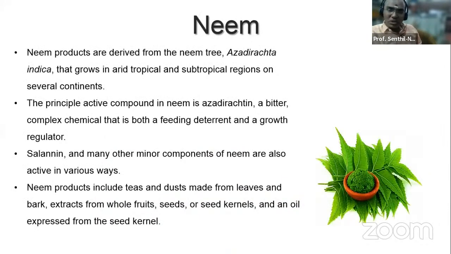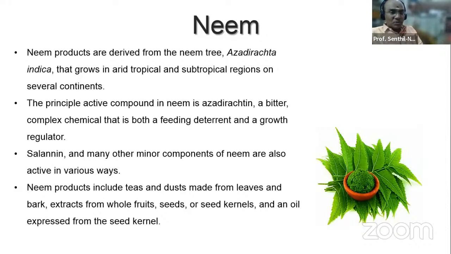The second most important tree or plant, from the root to the inflorescence, from top to bottom, all the plant parts have insecticidal activity. Not only insecticidal activity, all other biologically active compounds are found in this plant.